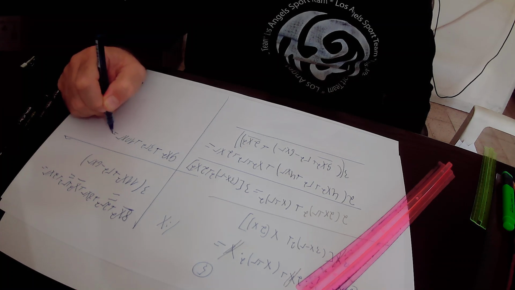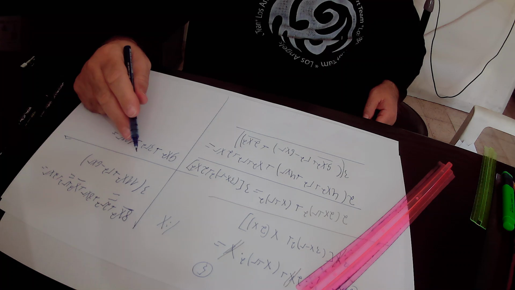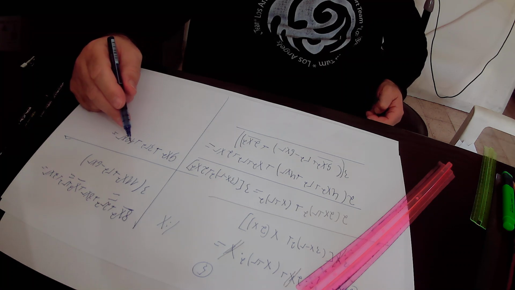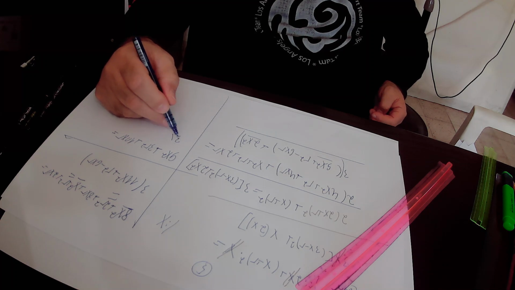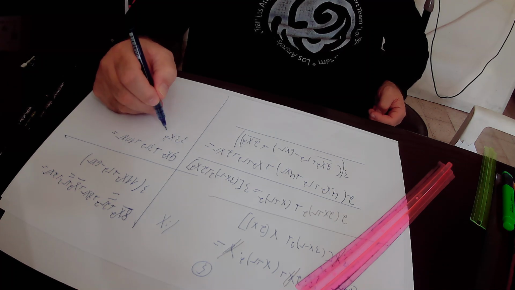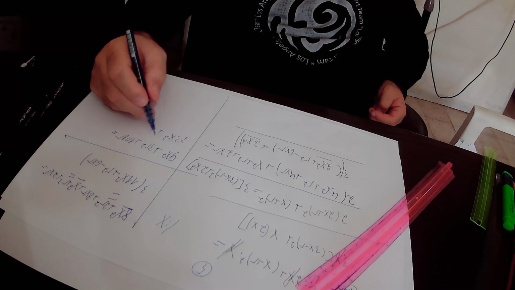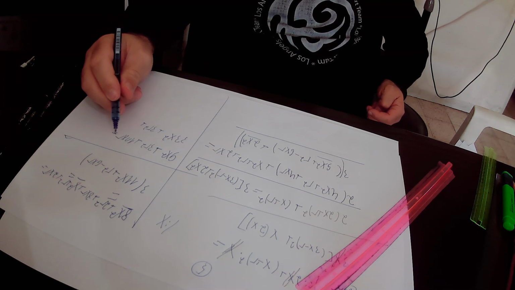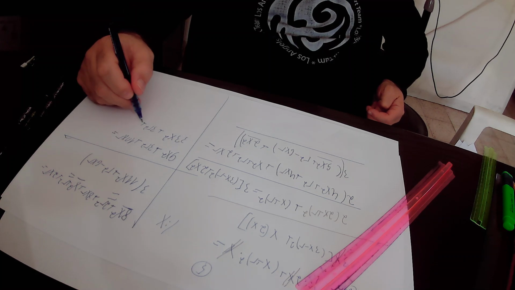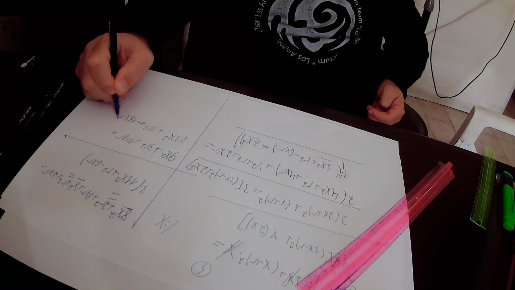And in the other side of the equation we will open the brackets. 3 times 11x squared is 33x squared, plus 3 times r squared is 3r squared, plus 3 times minus 6xr equals minus 18xr.